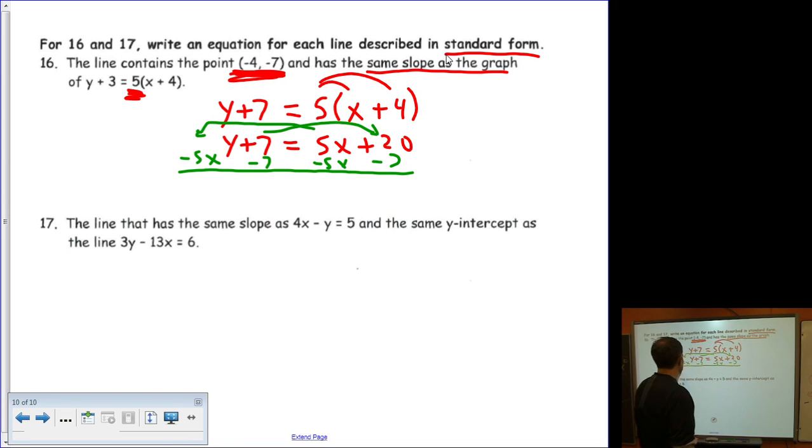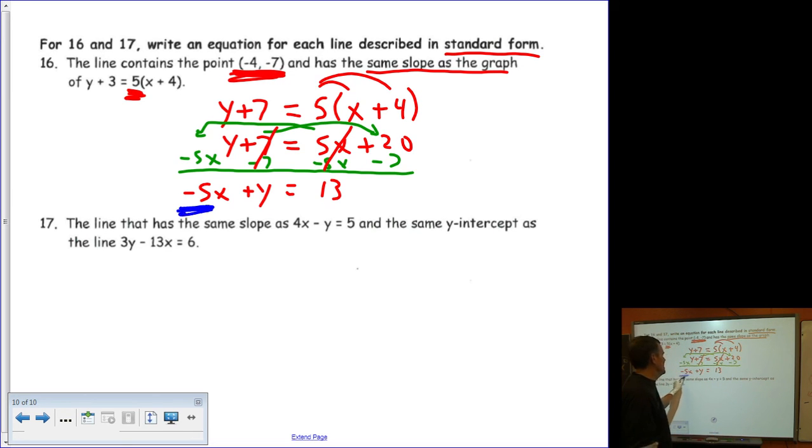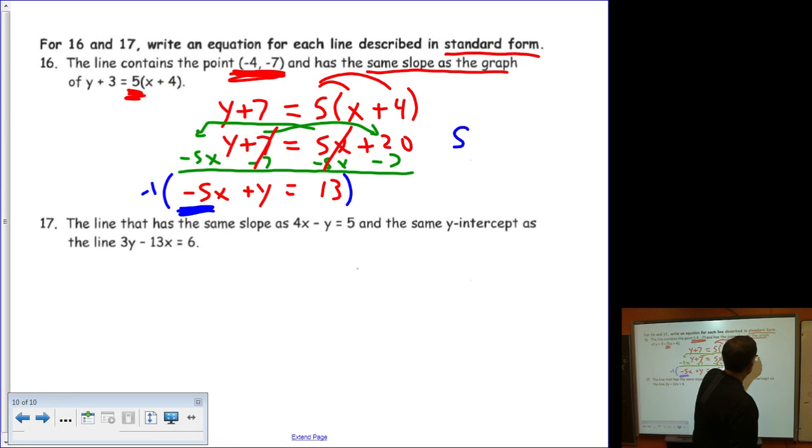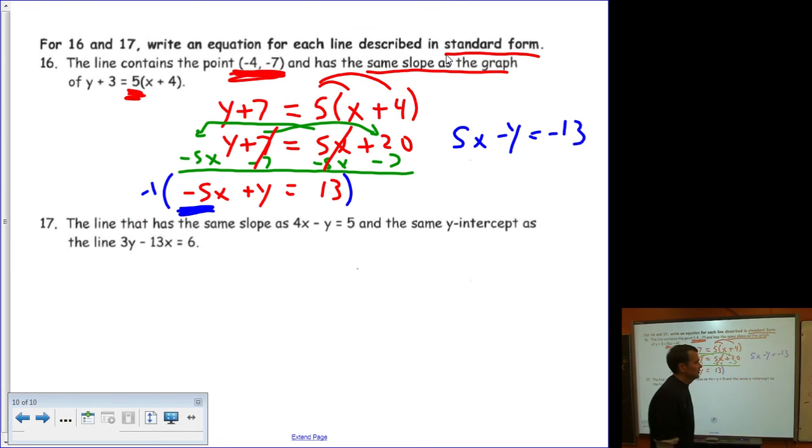And that's going to give me negative 5x plus y equals 13. And finally, I want the x term to be positive, so I'm going to multiply everything by negative 1. And that's going to give me 5x minus y equals negative 13. And now I'm in standard form.